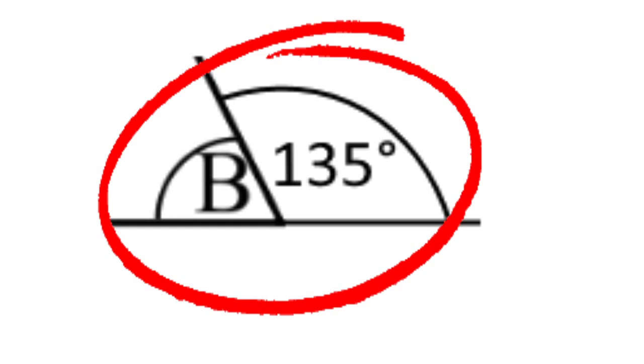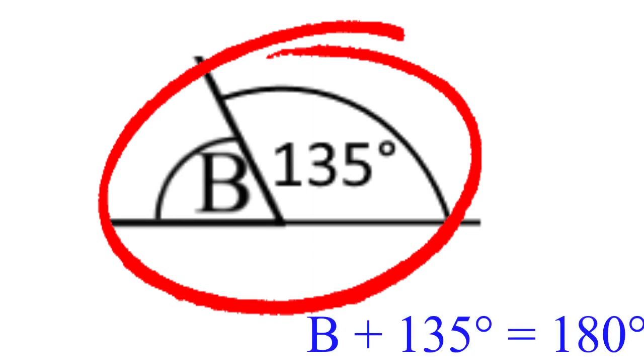So we could rewrite this as B plus 135 degrees equals 180 degrees. If we want the value of B, then we can rearrange this, just take away 135 from 180, and this is going to give us the value B.